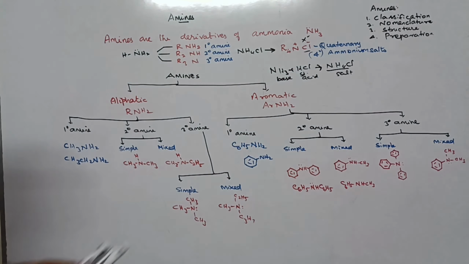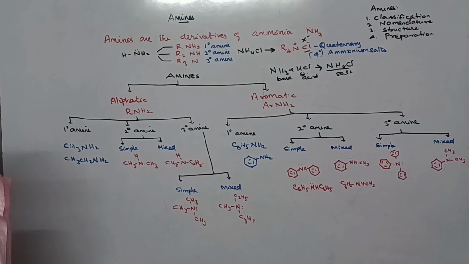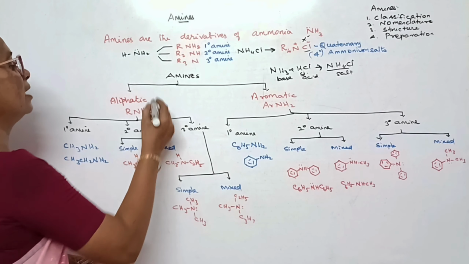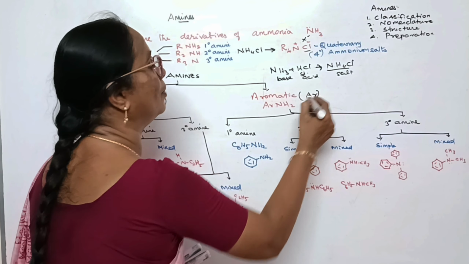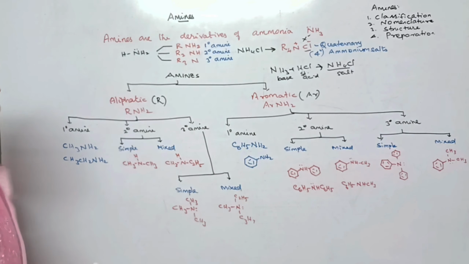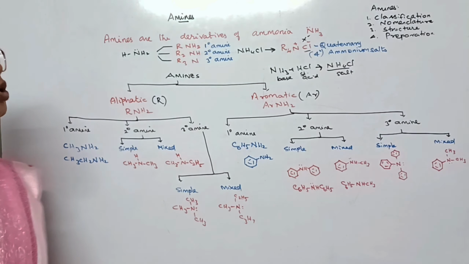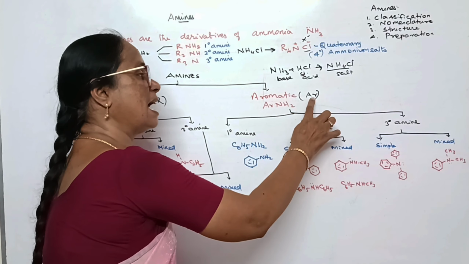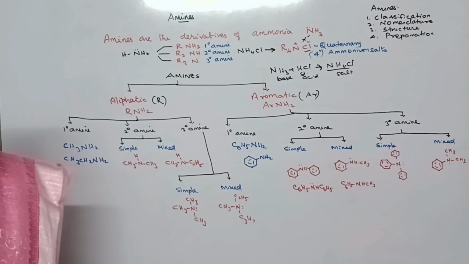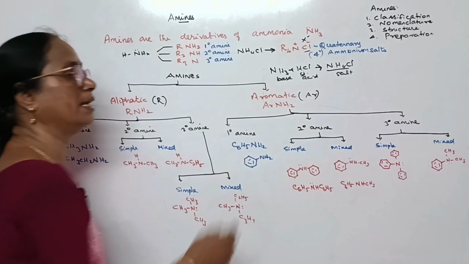So let us classify amines. Amines can be broadly classified into aliphatic and aromatic. In aliphatic, the group will be the R group, and in aromatic the group will be the Ar group. So when a hydrogen atom of ammonia is replaced by an alkyl group, we get aliphatic amines, or if the hydrogen atom of ammonia is replaced by the phenyl group, aryl, we get aromatic amines.